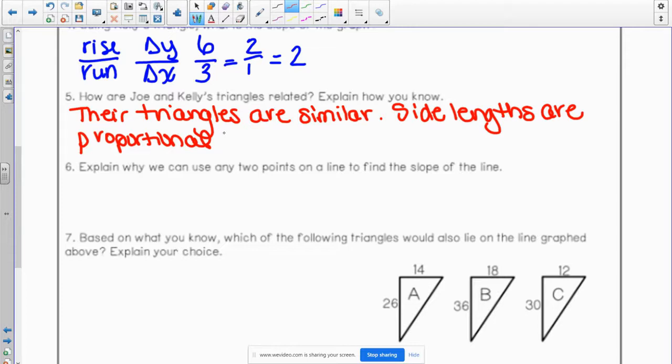Which again was, Kelly's was 6 over 3 and Joe's was 4 over 2. And then you can take it one step further.